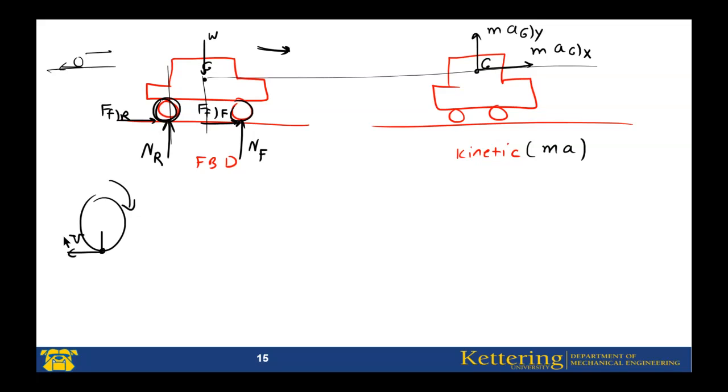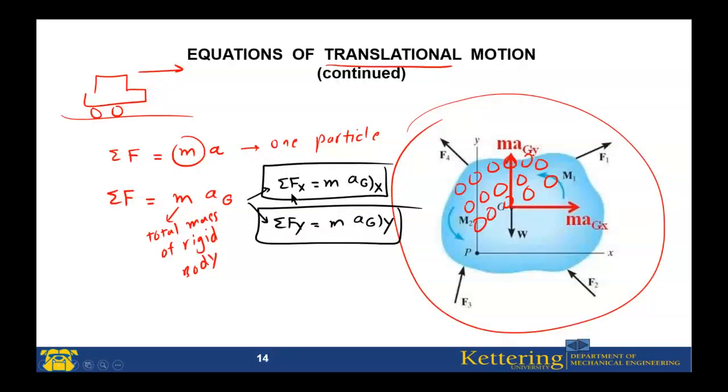Now, we have these external forces and these moments. We need to use the equations I showed you here. Summation of the forces along the x equals m a_Gx. Summation of the forces along the y equals m a_Gy. Left-hand side, look at the free body diagram.